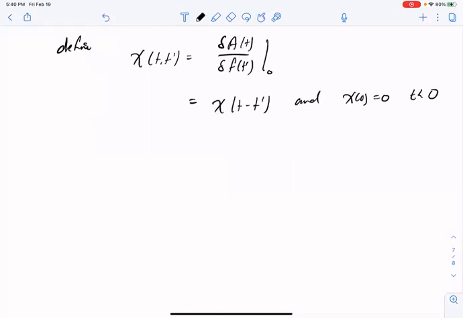A specifically convenient thought experiment to try to understand chi, the response function, is to imagine that we consider a step response. Namely, imagine equilibrating the system under f of t equal to a constant.